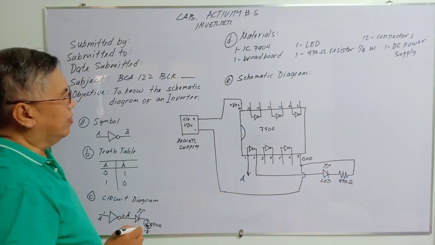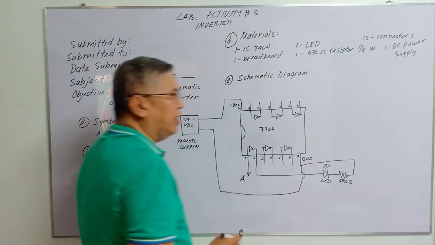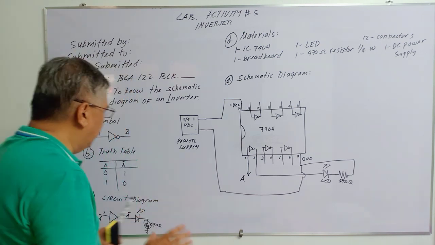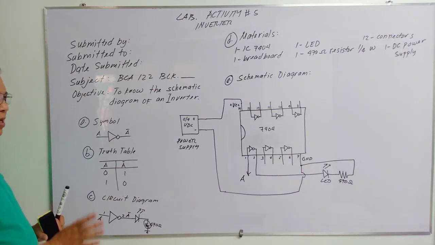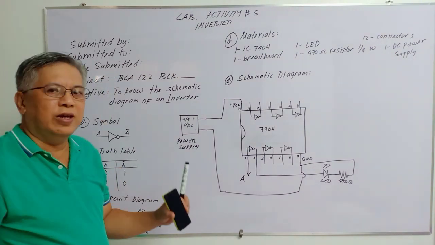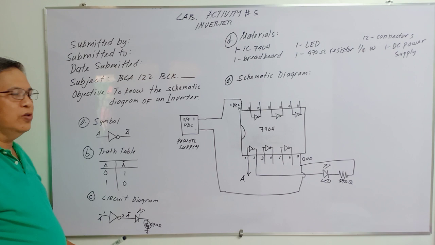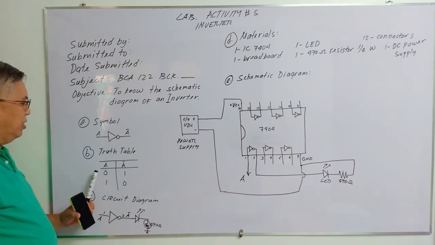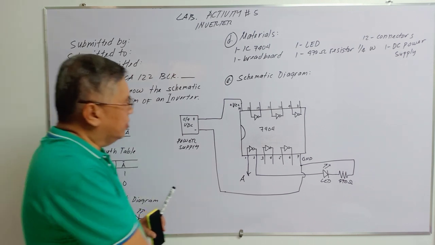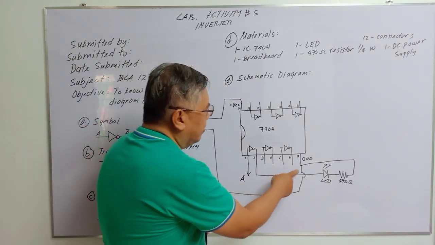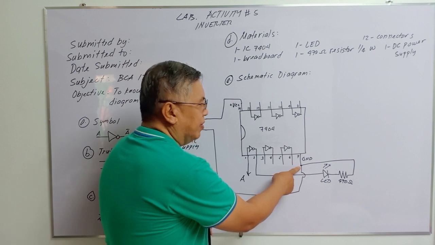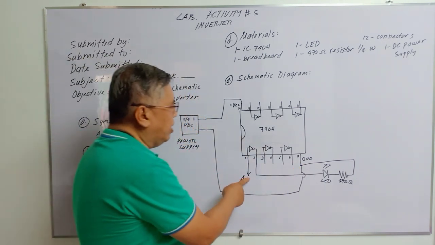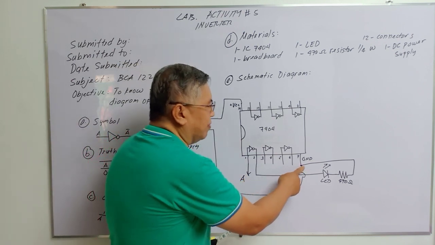Okay? Now, how do we perform our activity? We base our activity on the truth table. We are actually proving here if the truth table is true or not true. So for example, if A is equal to 0, that means your A here should be connected to the ground.